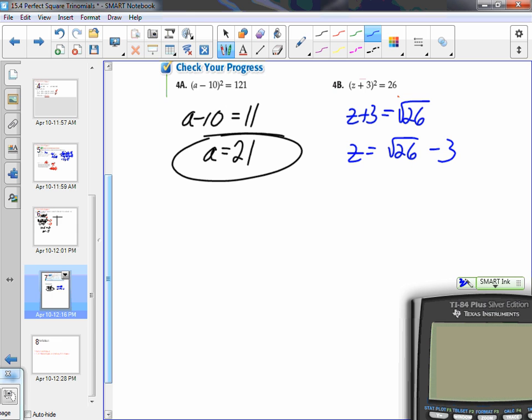Yeah, I don't want to either. Okay. Could you have written z equals negative 3 plus the square root of 26? I'd be happy with that one too. Okay. Any questions?